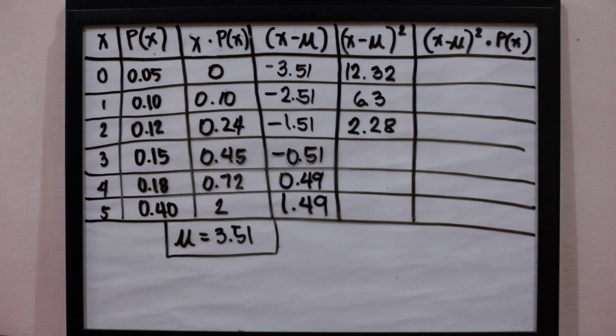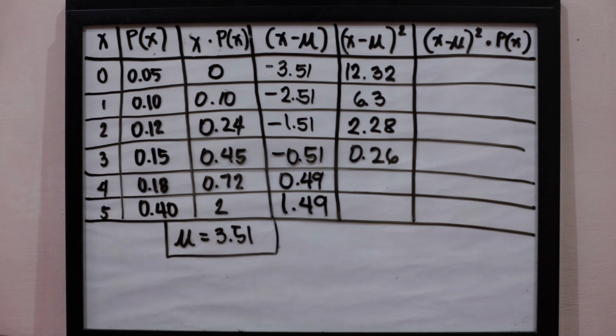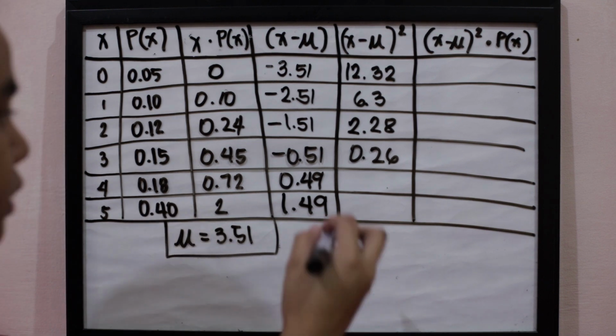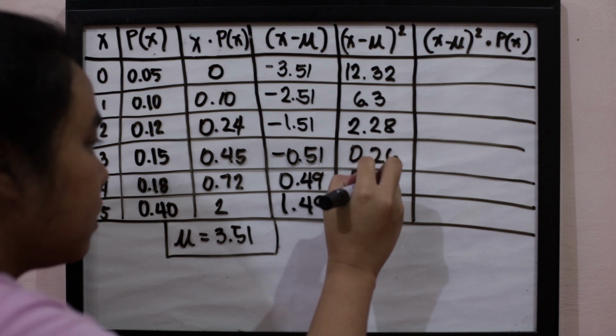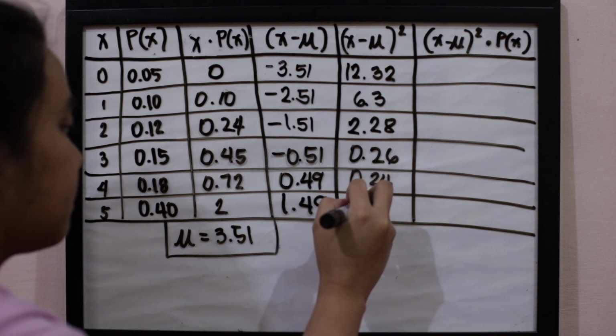And then negative 0.51 squared is 0.26. Hey, you solve along too. 0.49 squared is 0.24. If you don't want to, it's up to you. 1.49 squared is 2.22.